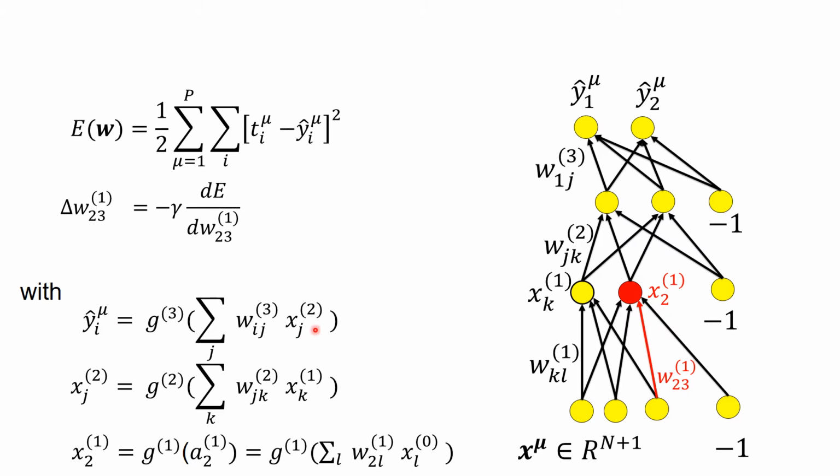This depends on the activity in the previous layer, in layer 2. The previous layer depends on the activity in the first layer. The first layer depends on the input in layer 0. So we just have to take the derivative, and to do that we apply the chain rule.